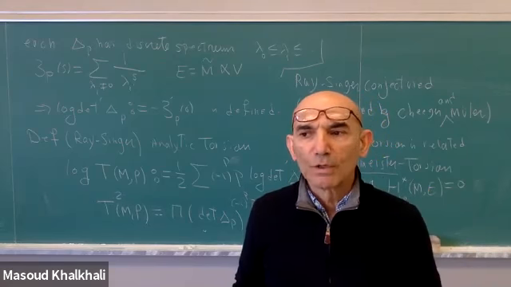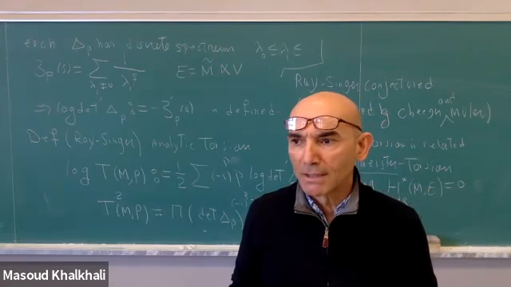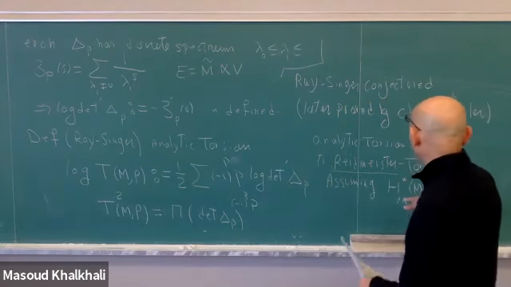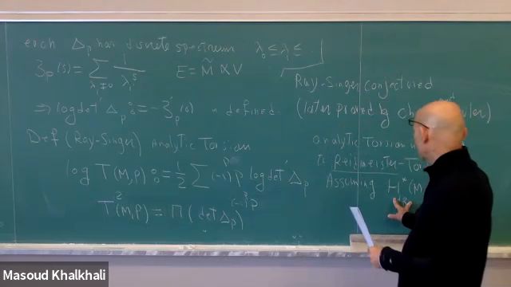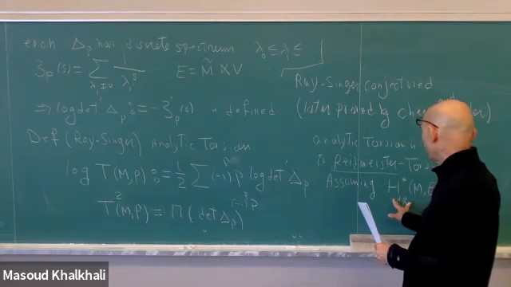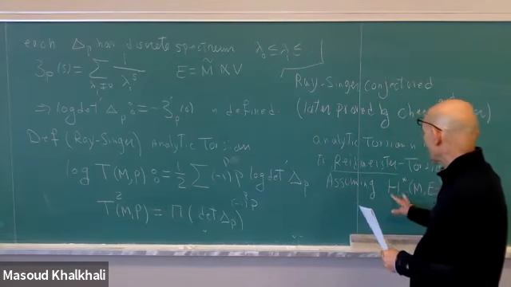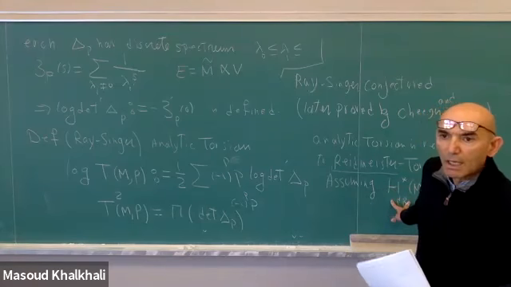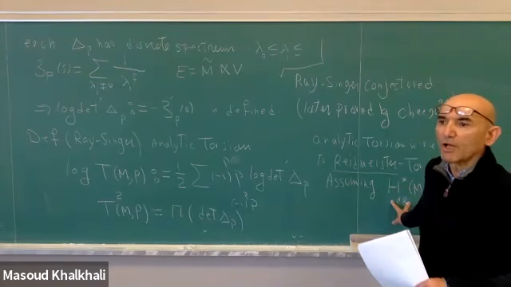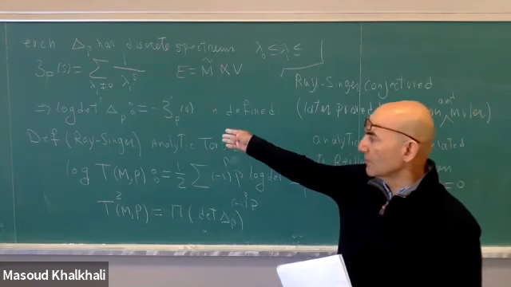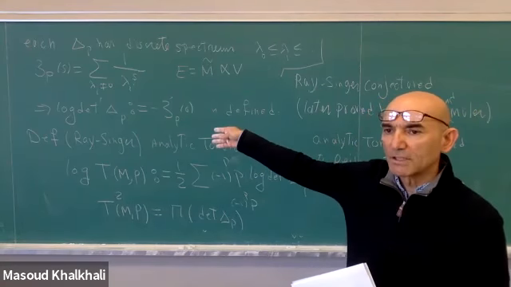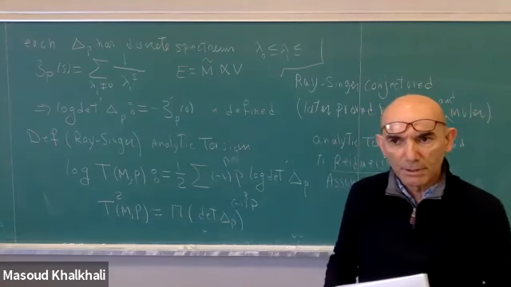That's why we have to assume in this case that the de Rham cohomology of M with coefficients in the vector bundle is trivial.